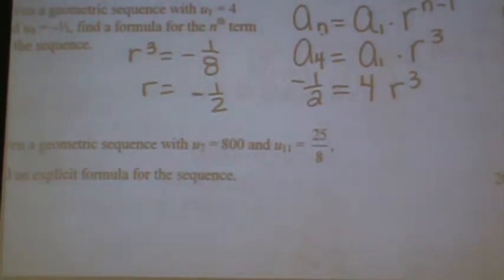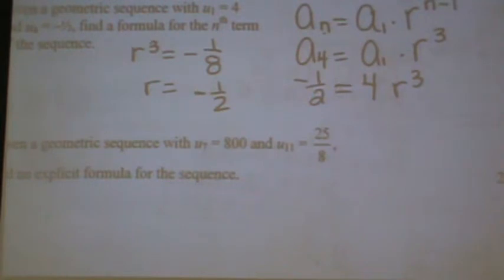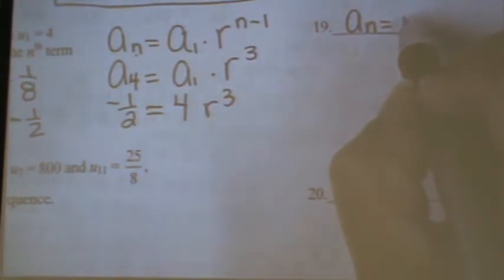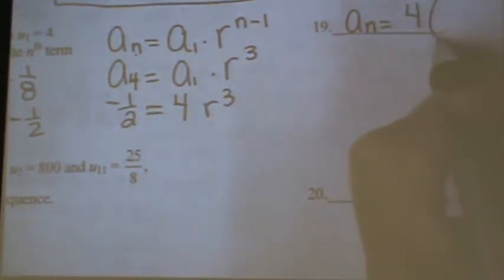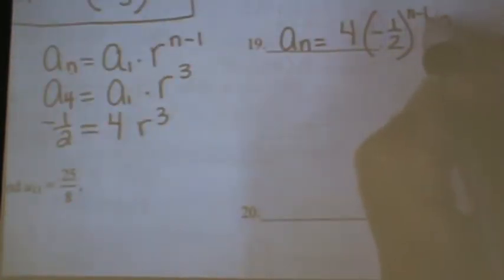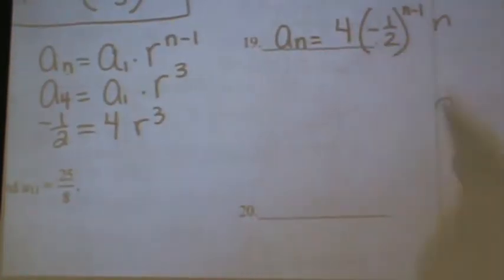That's the cube root of it. For number 19, I wrote x is equal to -1/2. But I got it wrong. You have 4 times -1/2 to the n-1. You don't have that? Just the R part of it.